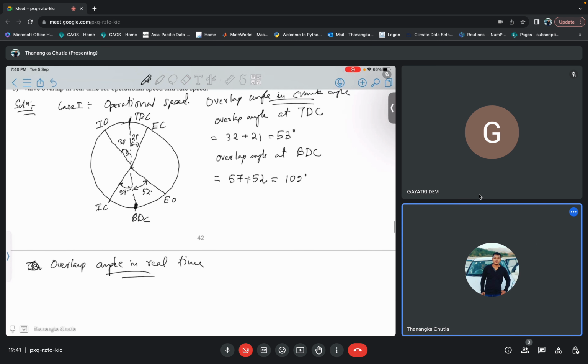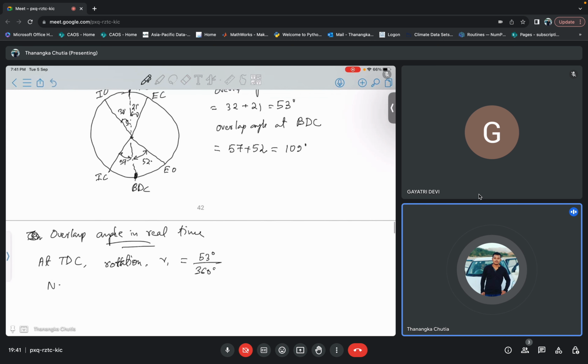Now at TDC, R1 is equal to 53 degree per 360 degree revolution. Our operational speed N is given to us as 3500 rpm, that means this many revolutions per minute.